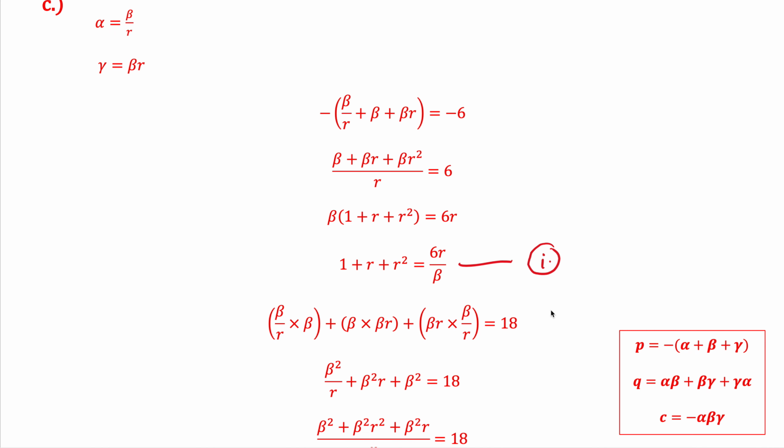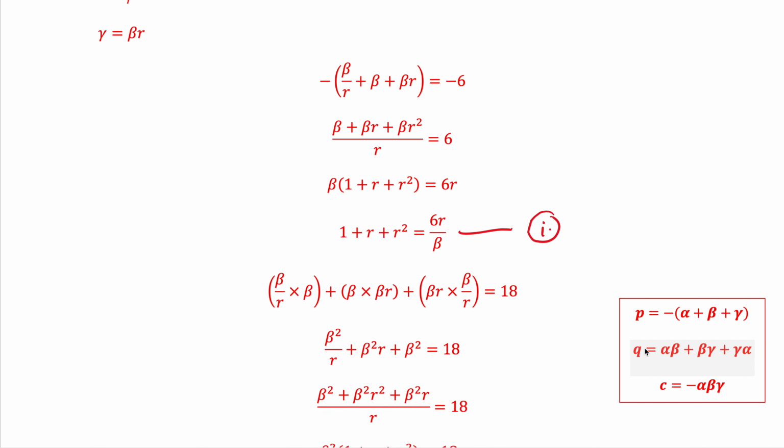Now secondly, we can use this relationship for q. So we can write alpha times beta, beta upon r times beta, plus beta times gamma, which is beta times beta r, plus gamma alpha, which is beta r into beta upon r, equal to 18. Now from here this will be beta squared upon r, this will be beta squared r, and the r's will cancel, so we are left with beta squared, and this is equal to 18.